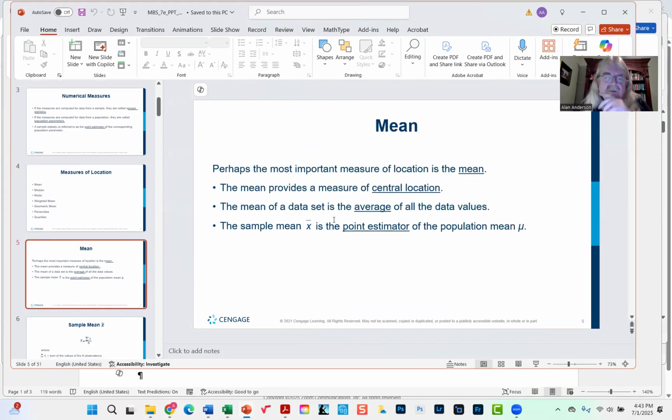Now, I do want to point out one thing as we go along. In statistics, it's very normal for the same concept to have multiple names that mean the same thing. It's not rare at all that the same concept has two or three different names. And this is one of those cases.